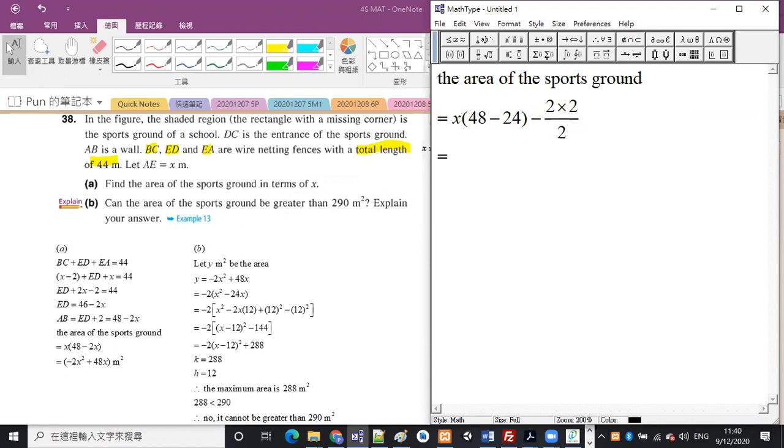So that is 2. Okay, so that should be 2x. So that should be equal to negative 2x squared plus 48x and then minus 2 meter square.